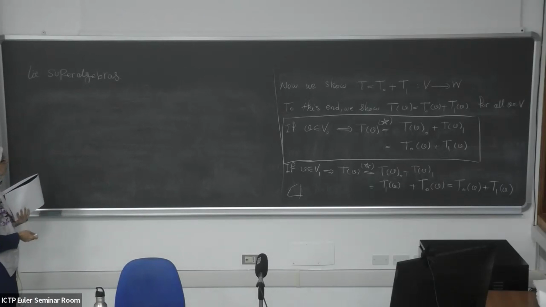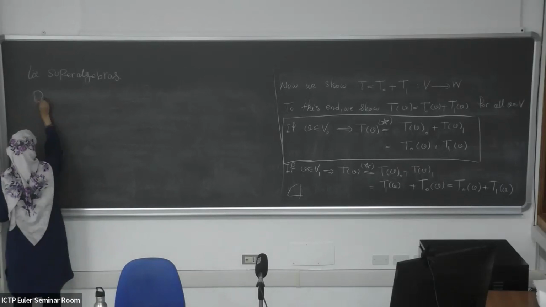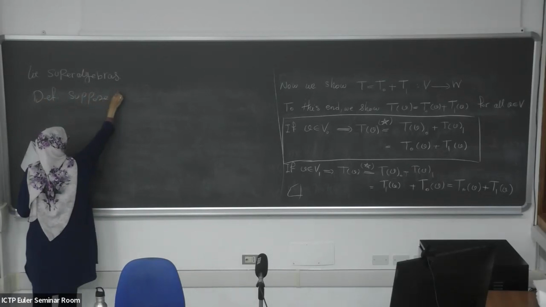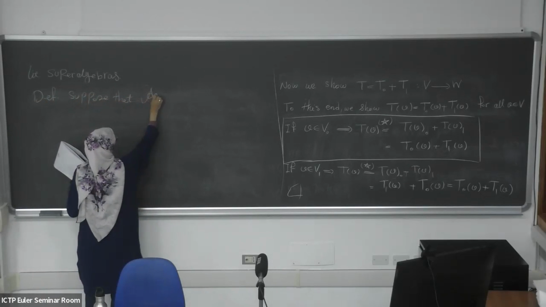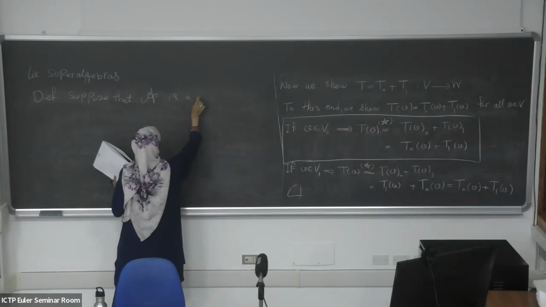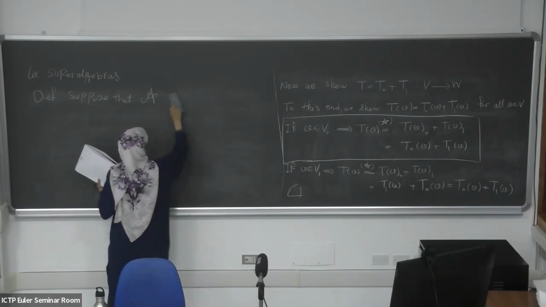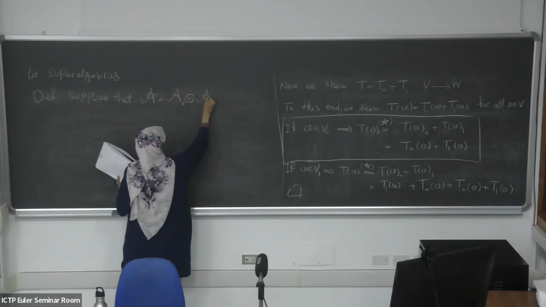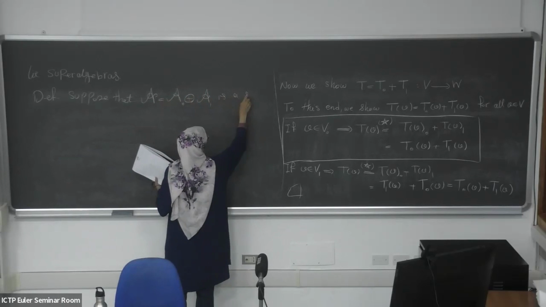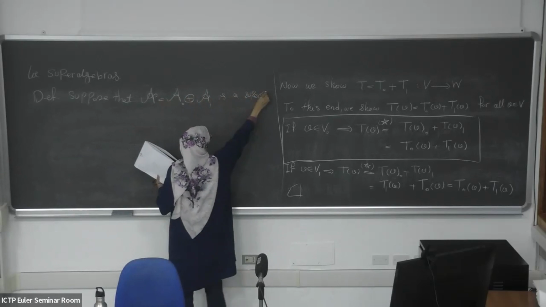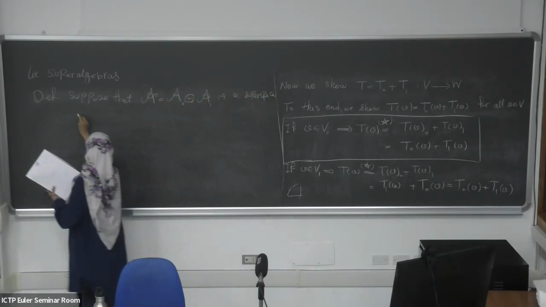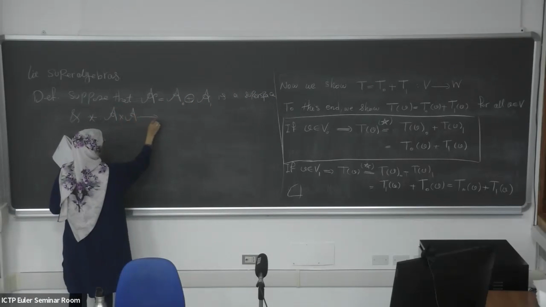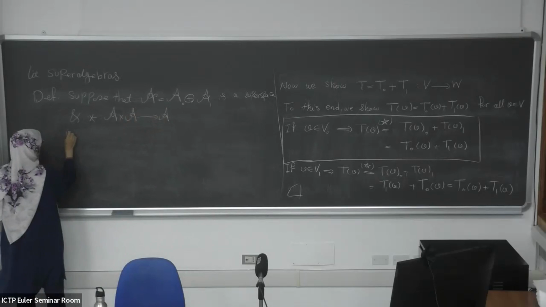Okay, now let's look at another definition. Suppose that A is a vector space that I want to be a superspace, and a star from A times A to A is a bilinear map.